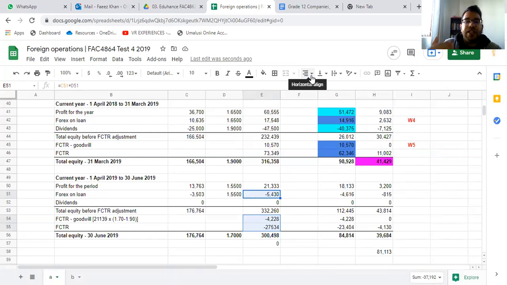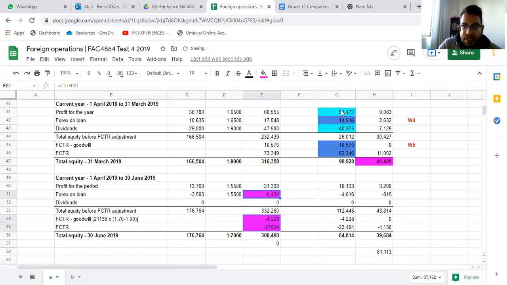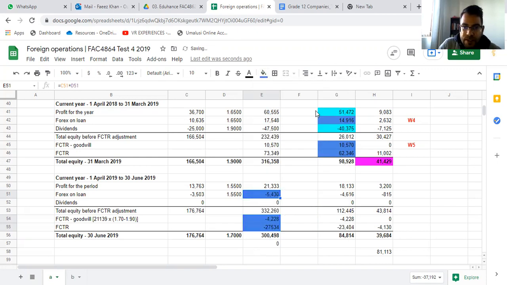Why? Because the loan forms part of the investment. If the loan did not form part of the investment, there was no need to do that. So please just take note of that. So let's just highlight that in, which color did I use last time? Yeah. Okay, so just please be aware of that.